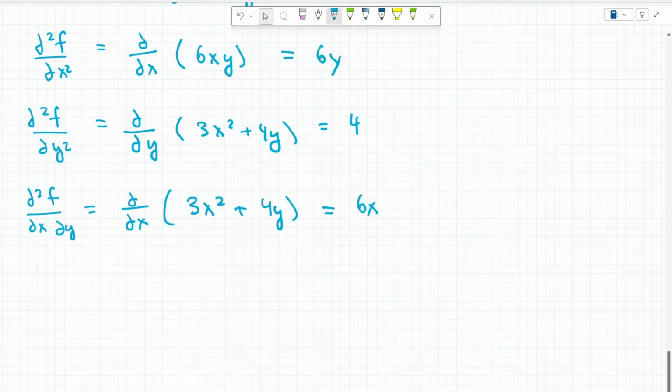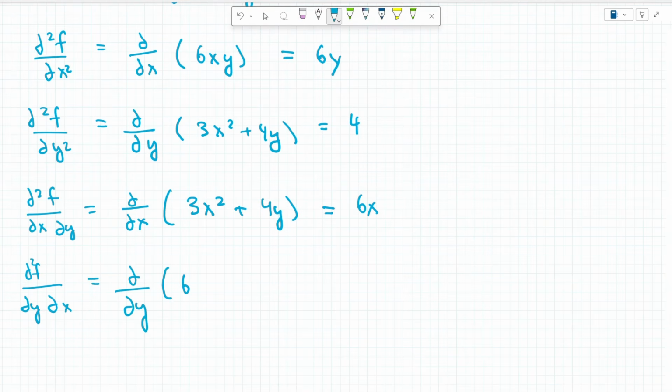It's always good to be sure. So here we're taking the second derivative with respect to first y, then x. So here we have d over dy of 6xy, which gives us 6x. We can see that indeed these two values are the same.